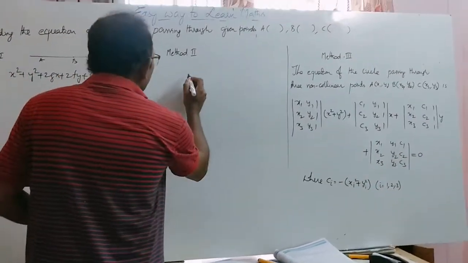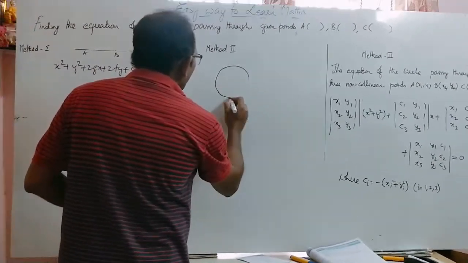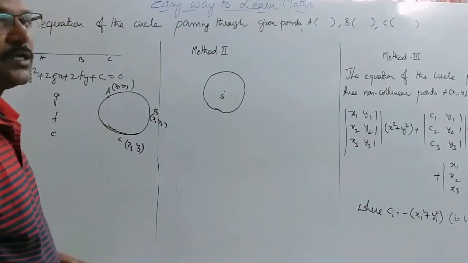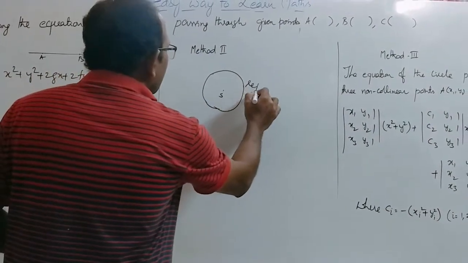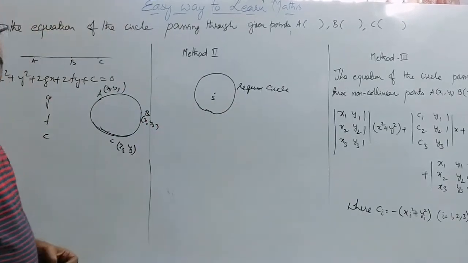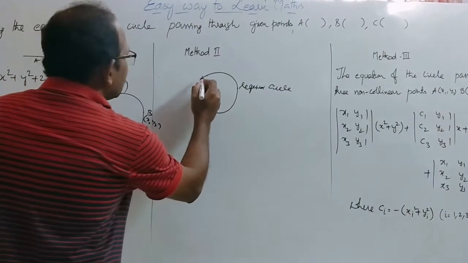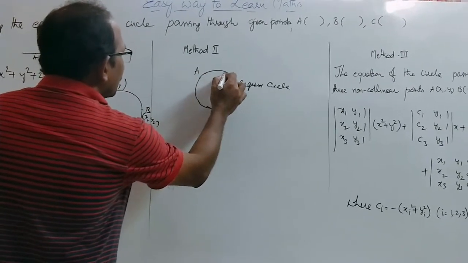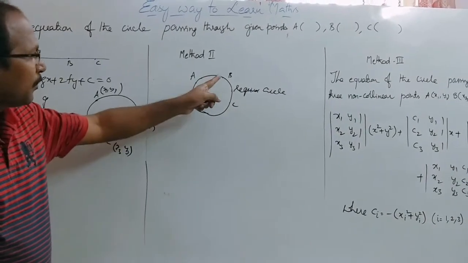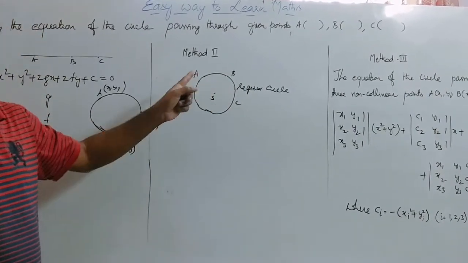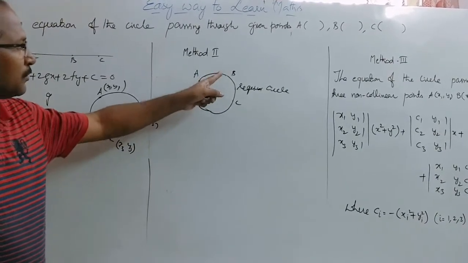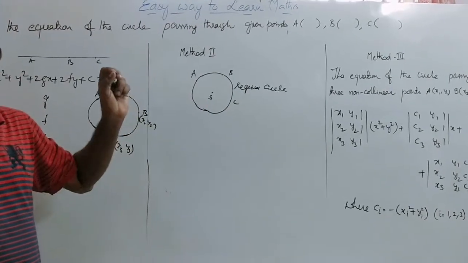Then in the second method, we consider that S is the center of the required circle, on which the 3 points are somewhere, A, B and C. Since the circle is passing through these 3 points, these points must be on the circumference of the circle.